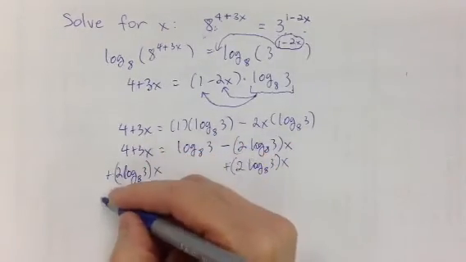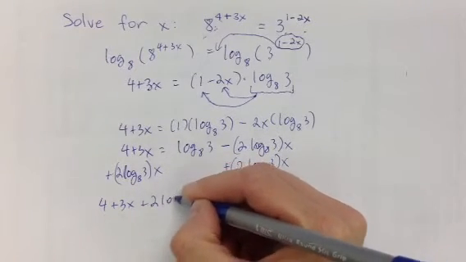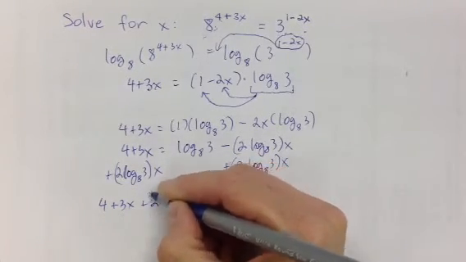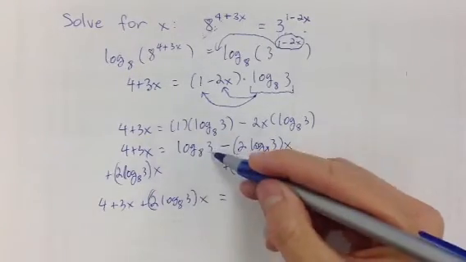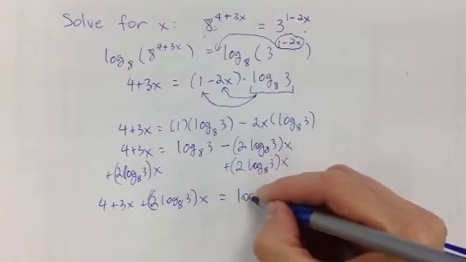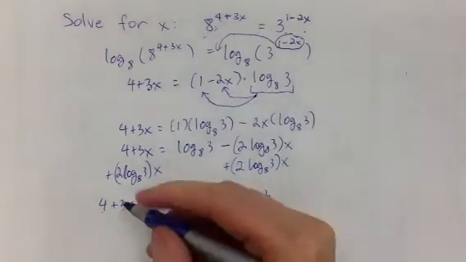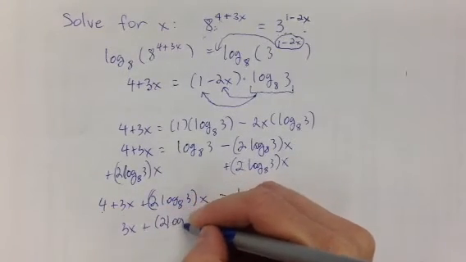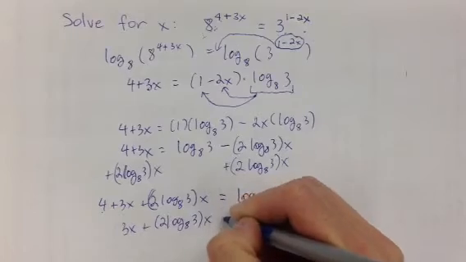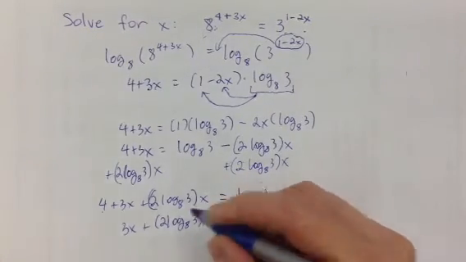So on this side I get 4 plus 3x plus 2 log base 8 of 3 x equals, I just have log base 8 of 3 on this side. Now I'm going to bring the 4 over. So I have log base 8 of 3 minus 4.